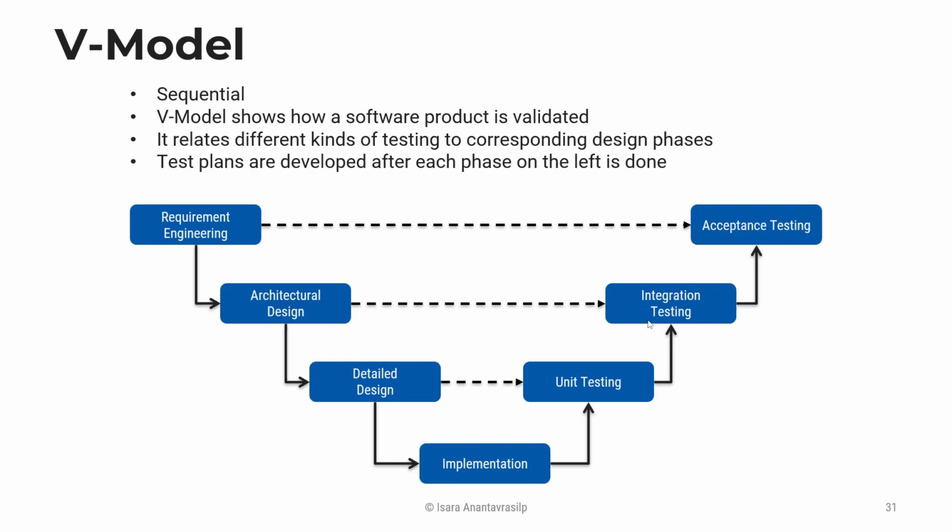And the last step of testing is the acceptance testing, or user acceptance testing, or UAT. Or you can just do this in the system testing step as well. In this phase, you test the entire software as a whole.